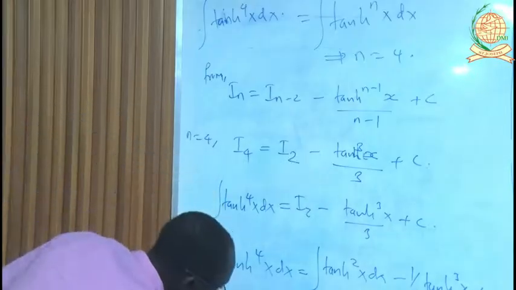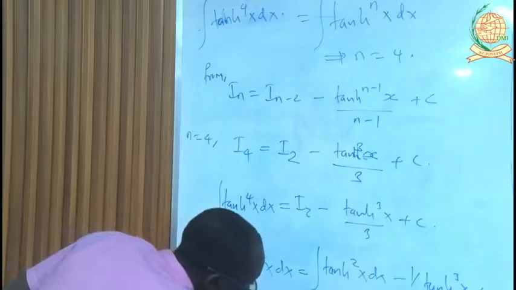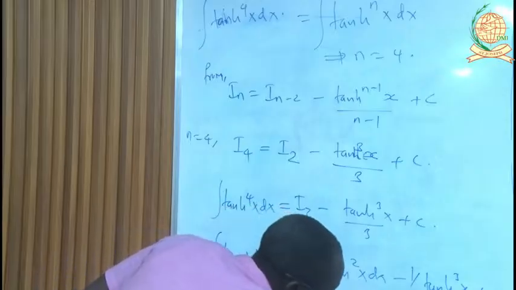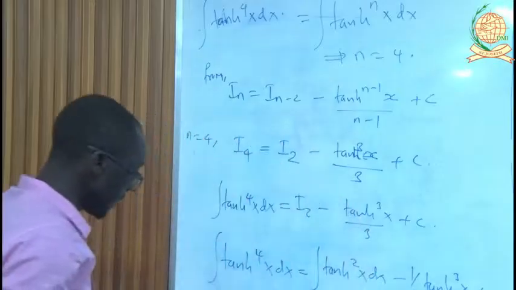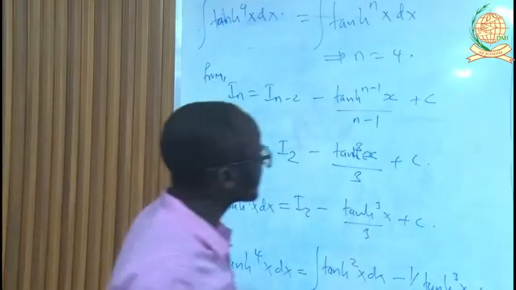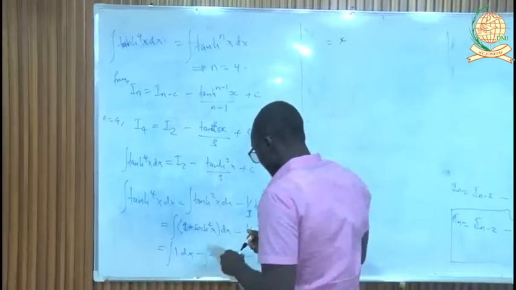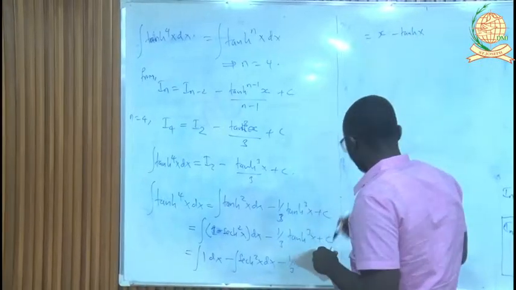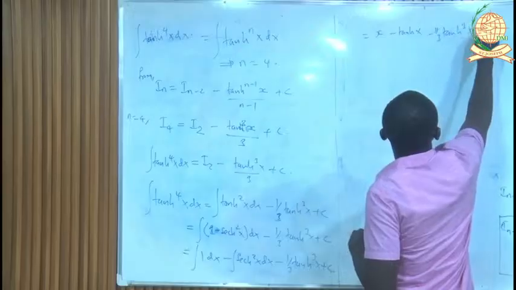So we're going to open the bracket. This is the integral of 1 dx, the integral of sec squared dx, and 1 over 3 tanh cube x plus c. The integral of 1 dx is just x, and the integral of sec squared dx is tanh x, and the answer there was 1 over 3 tanh cube x plus c.